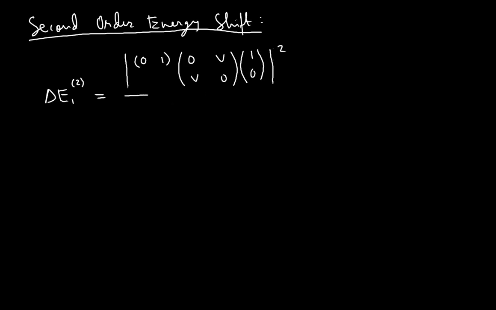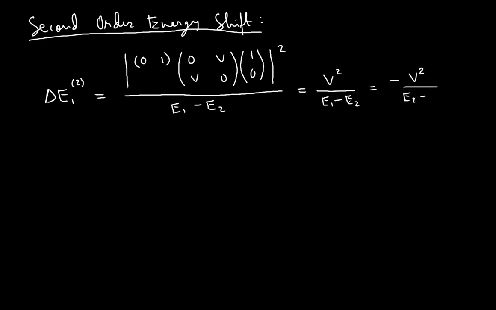If you do the calculation, what you will get is V square divided by E1 minus E2, which I can write as minus V square divided by E2 minus E1.